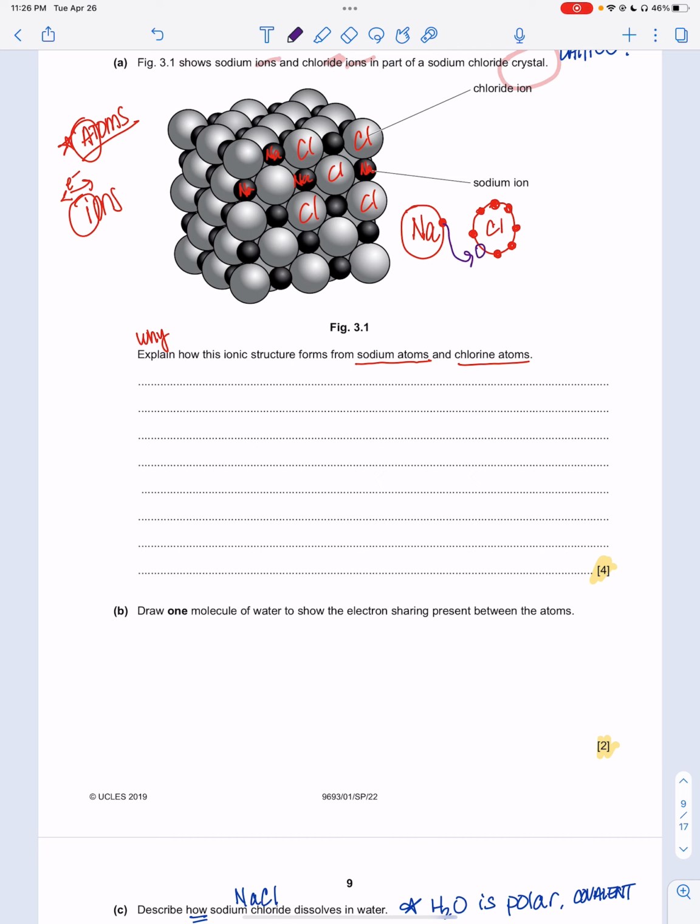It's going to get it from that one right there. And so now we have a sodium atom and a chlorine atom. I'm not going to call it chloride until it has received that electron. Sodium is going to donate or lose or give one of its electrons away.